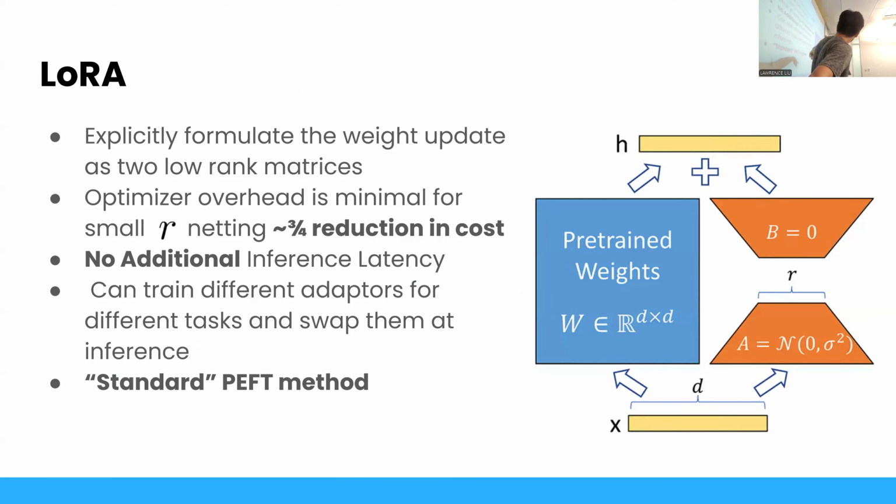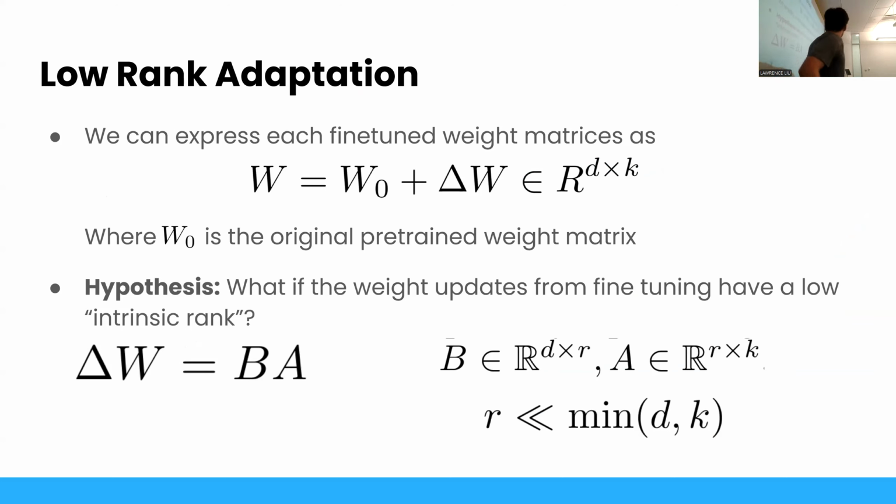Basically, the key thing is MeZO doesn't have an explicit low rank formulation. It's directly updating W. We can't directly update W for fine-tuning because that's really expensive, as we have to store those additional gradients and optimizer states.